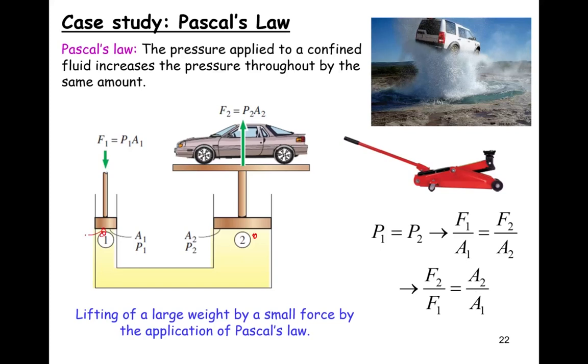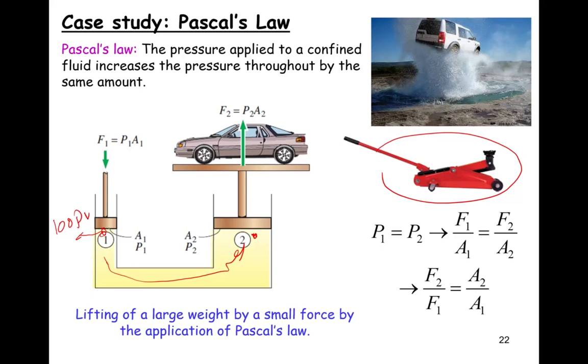Let's say the pressure is 100 Pascal here, then at the same point in here the pressure would be 100 Pascal. That means the pressure is transmitted, because we're saying liquids are incompressible. This principle is used in the jack, where we apply minimum force and lift a few tons very easily.